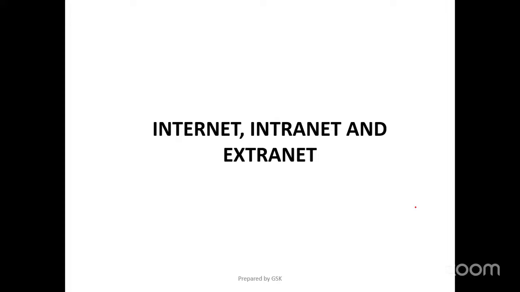Then extranet, this is the enhanced version of the intranet. If you want to enhance the features of the intranet, then we can go for the extranet. For example, any stakeholders or clients or any other higher authorities who want to access any organization data from outside of the organization can access that particular organization's data with the help of the extranet.